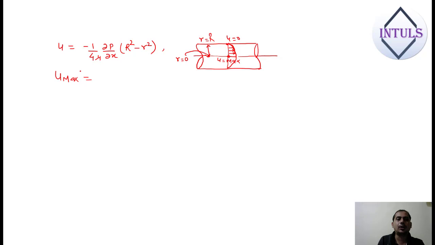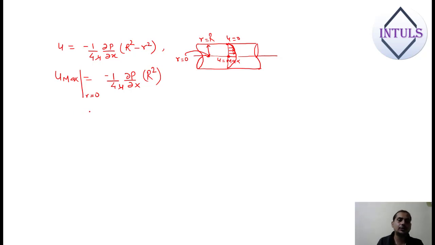That means small r is equal to 0. That results into minus 1 upon 4 mu del p by del x capital R square. So this is the maximum velocity. Of course, at the wall velocity will be 0, so minimum will be 0.